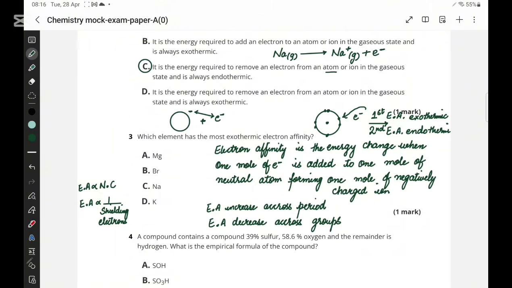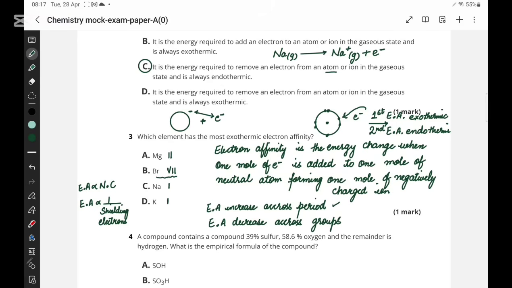And now, electron affinity increases across the period. Why? Because of increase in nuclear charge and decrease in atomic radius, and electron affinity decreases down the group. So if you see the options, which is going to have the most exothermic electron affinity, the one on the most right side, like we can see bromine, which belongs to group 7, this belongs to group 2, this belongs to group 1.